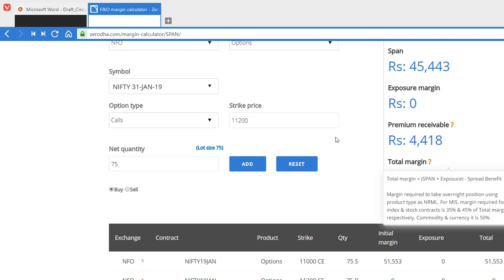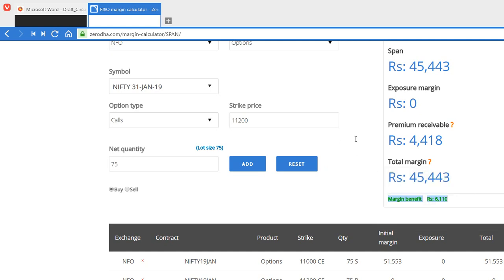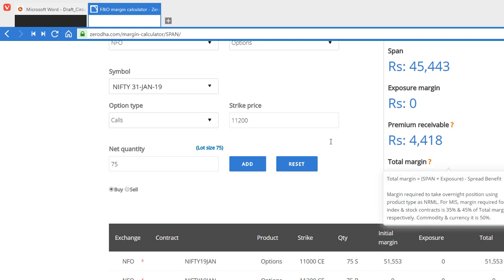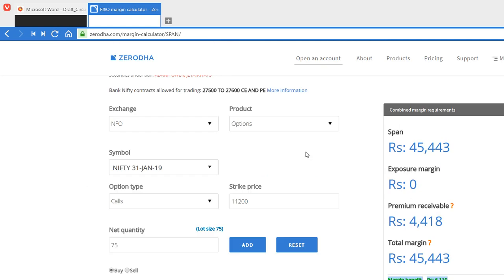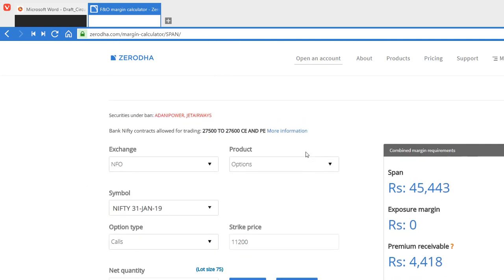I think this will not change, because this is the margin benefit in which you have bought the option to reduce the risk associated with the sell options. So that's pretty much it.